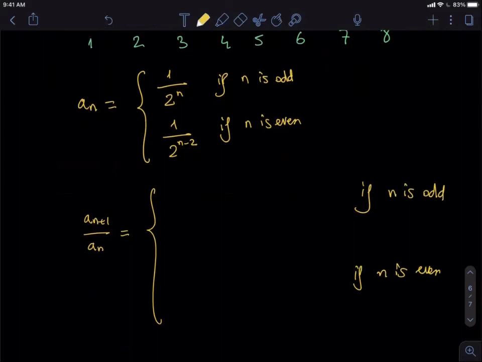If n is odd, then the denominator is going to be 1 over 2 to the n, and the numerator is going to be 1 over 2 to the n+1 minus 2. And then if n is even, I have a denominator 1 over 2 to the n minus 2 and a numerator that is 1 over 2 to the n+1.